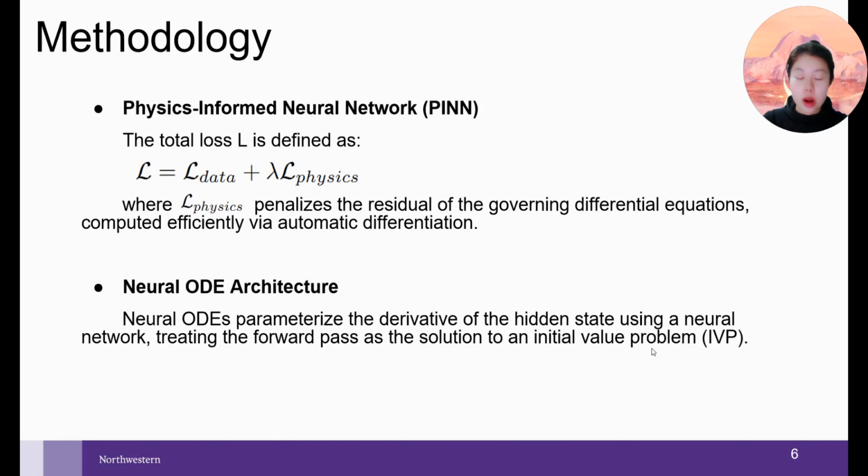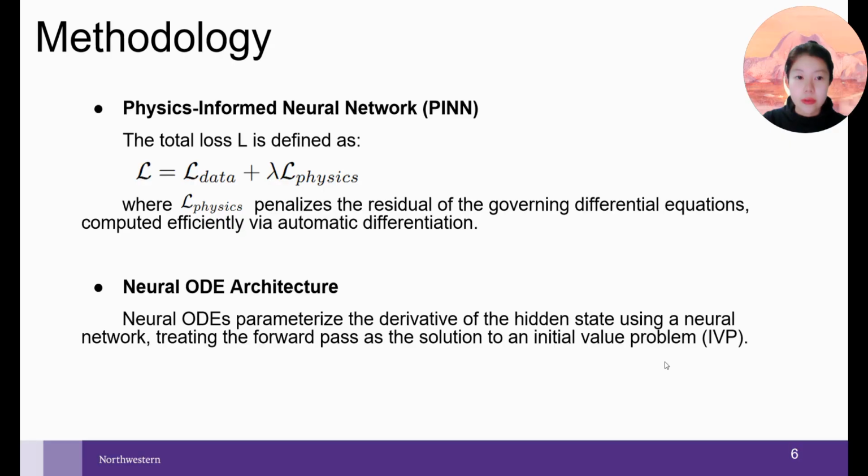We then trained our ML models on a subset of this data to test their ability to autonomously forecast the future trajectory given the starting condition. To do this, we evaluated two distinct scientific machine learning architectures.